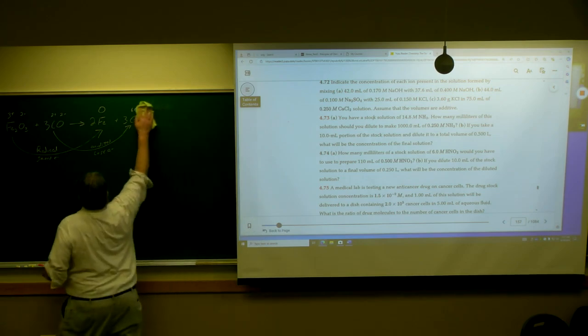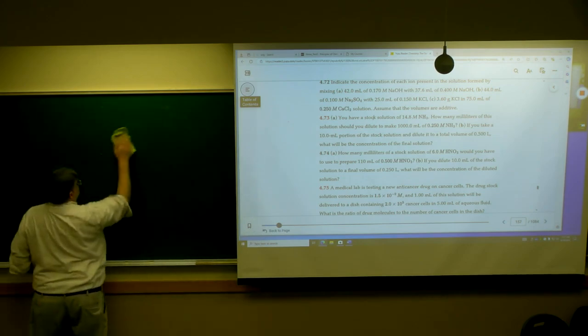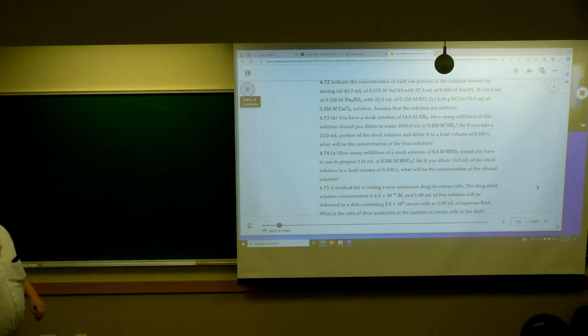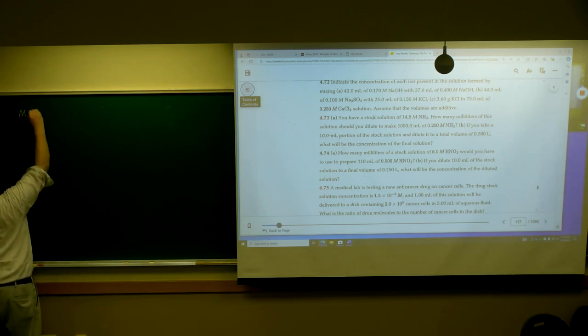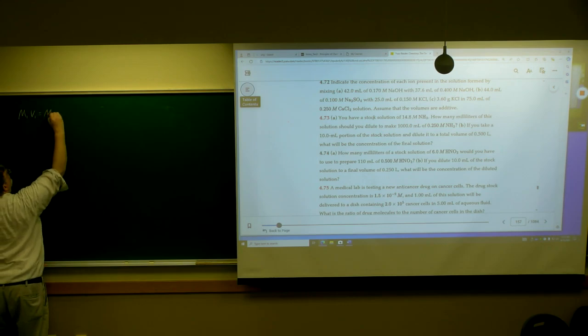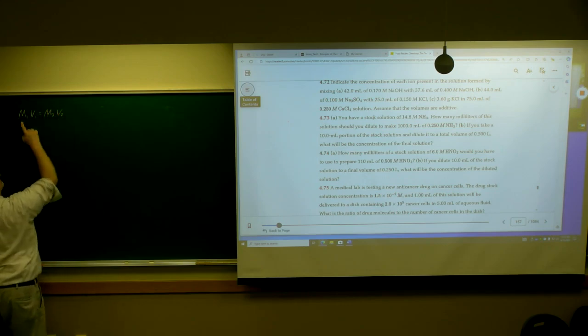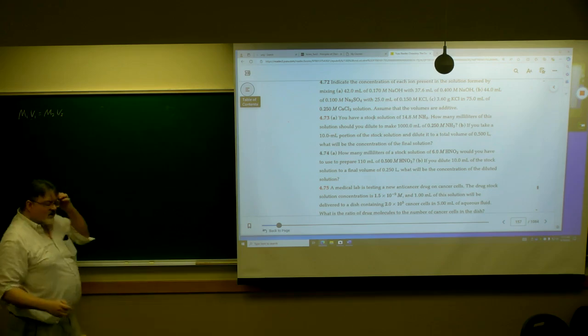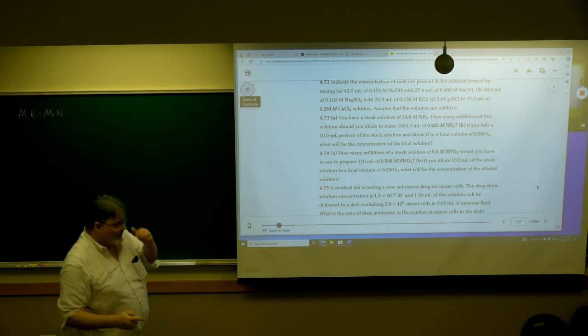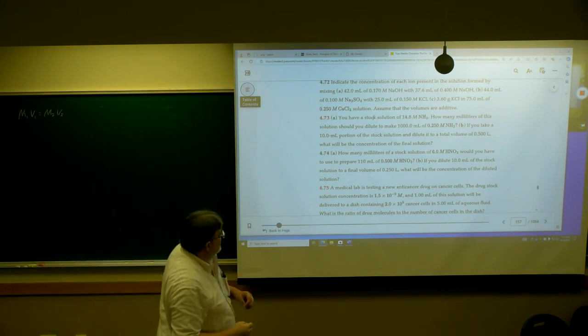All right, so what we call the dilution formula. Do you remember what it is? It's phonetic, you can kind of remember it. M1V1 equals M2V2. M is molarity, V is volume. And you're always given 3 out of 4 of these, and you're solving for the 4th.